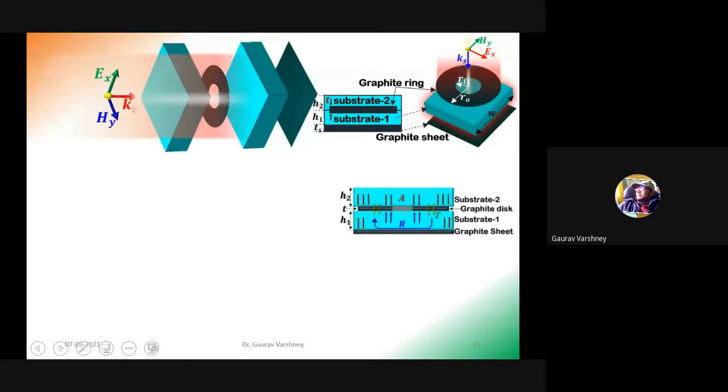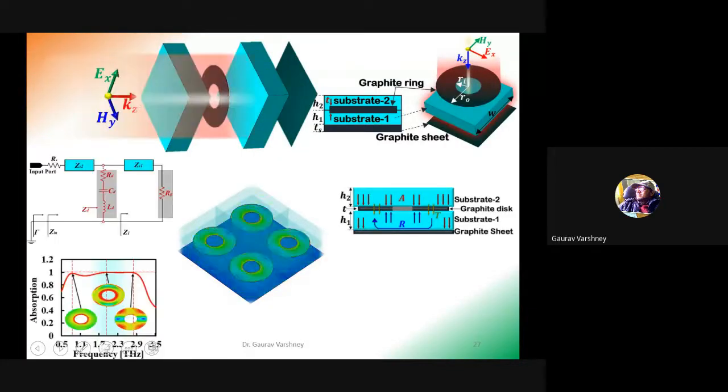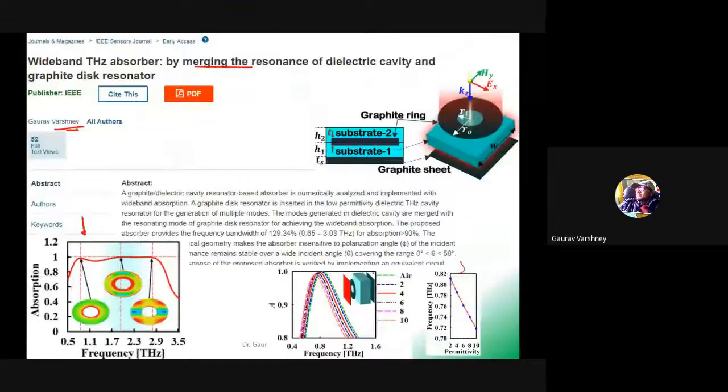The concept is simple, and you can go through this research paper if you want to study this work. Definitely this is metal free. It is made up of graphite with a dielectric spacer. This was recognized by IEEE Sensors Journal. You can find the whole concept of broadband absorbers there as well.